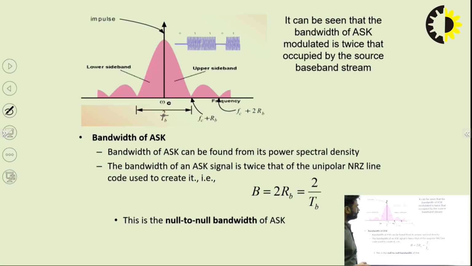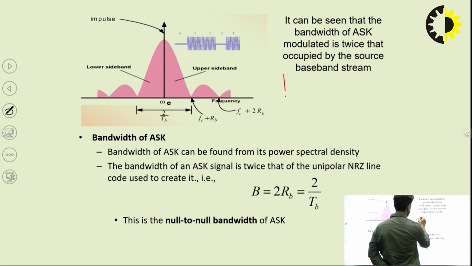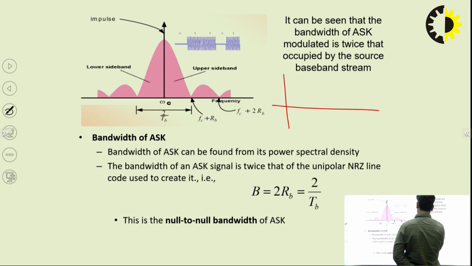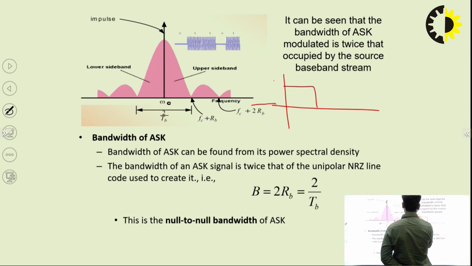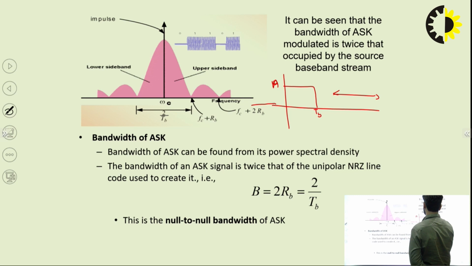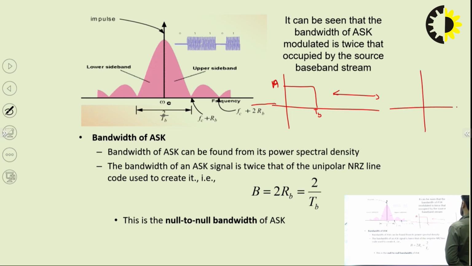Now the bandwidth of ASK. When the pulse 1 is transmitted, it has an amplitude A for TB duration. If we take the Fourier transform of this, it will show from minus 1 by TB to 1 by TB.